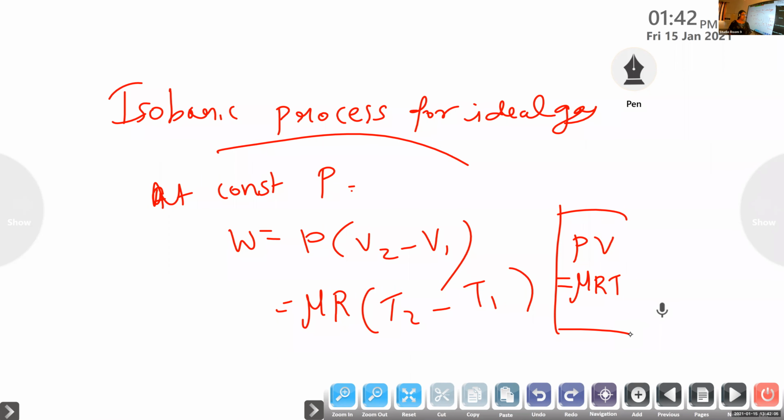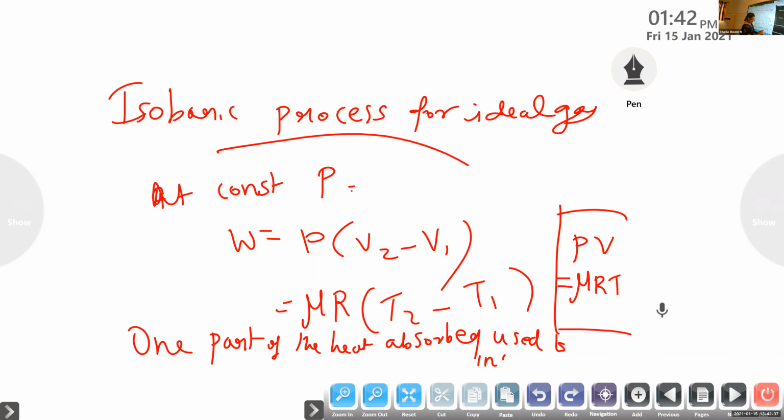And how is the energy distributed in this case? In the case of an isobaric process, write down: one part of the heat absorbed is used to increase internal energy, and the other part is used to do work.